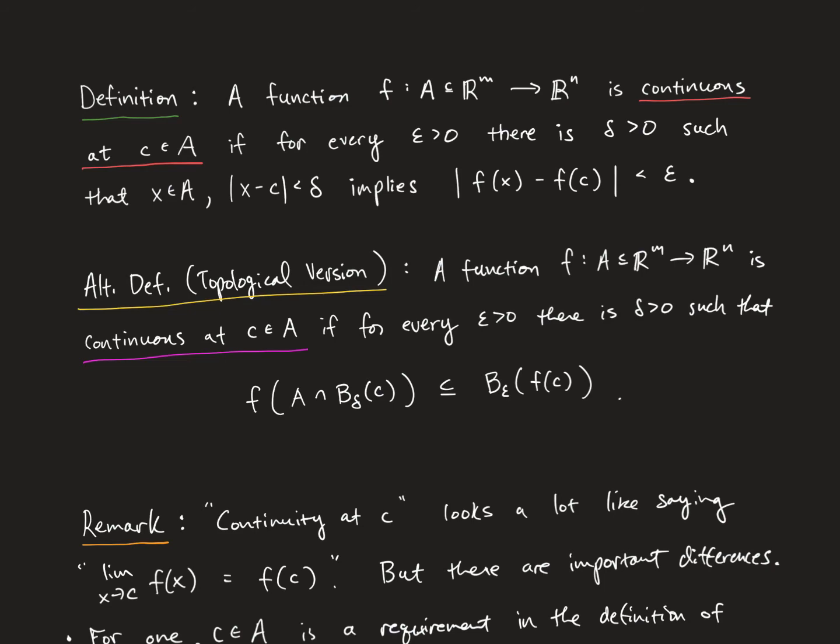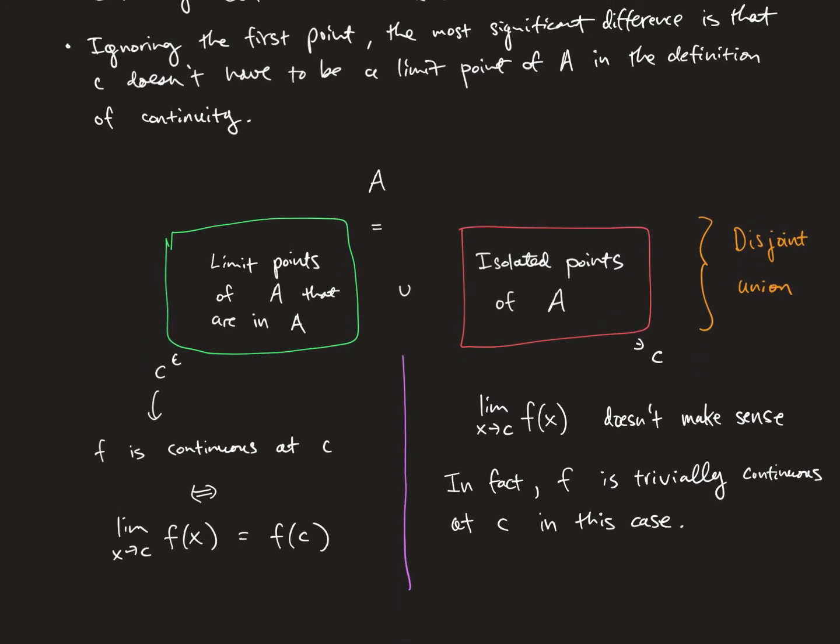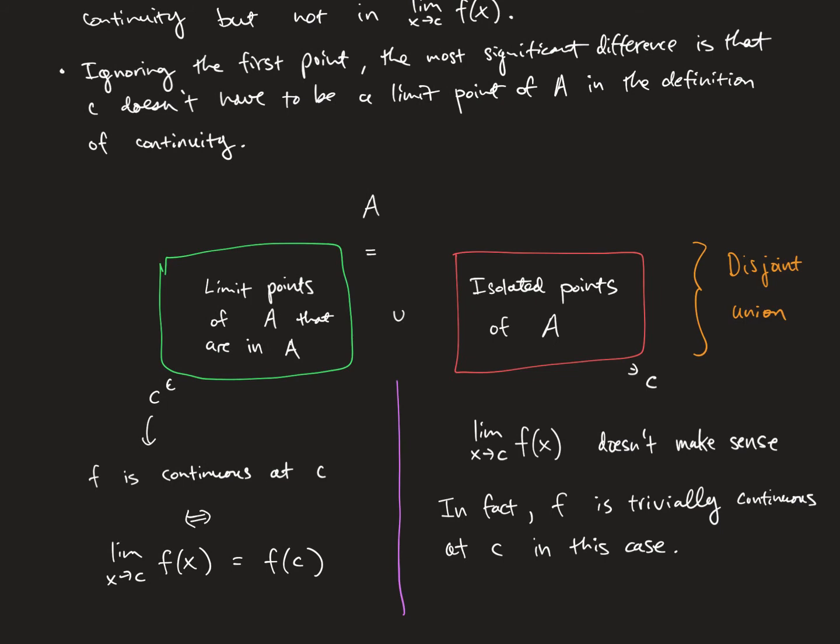It makes sense in both cases and sort of has a slightly different flavor in each of those cases. Okay, so that's the difference between the definition of continuity and the concept and this statement here, that the limit of f of x is equal to f of c as x approaches c.